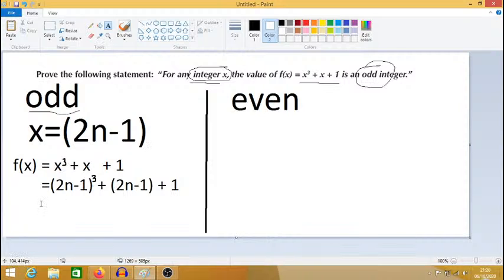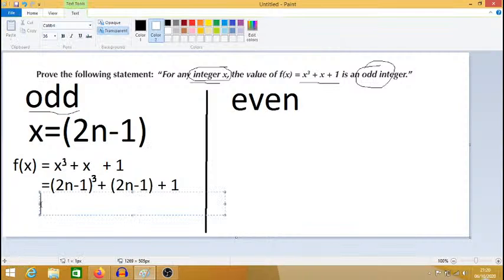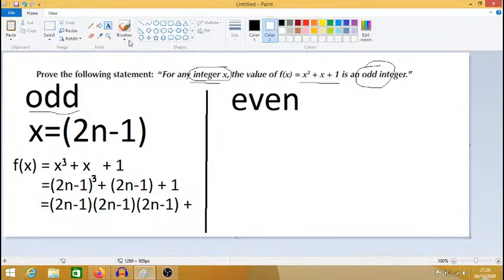Okay, hopefully you've had a chance just to attempt the first bit of it, and this is the bit that most people would get wrong, because 2n minus 1 cubed, you have to remember the cubed means that you're going to have the bracket 3 times. And let me just make some more space.